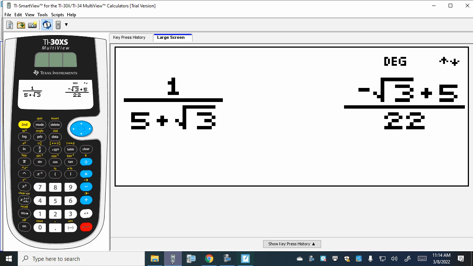So here, we can say 1 over square root of 7 minus 1.